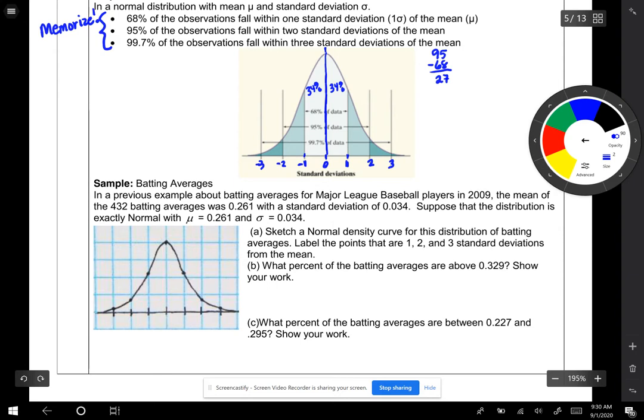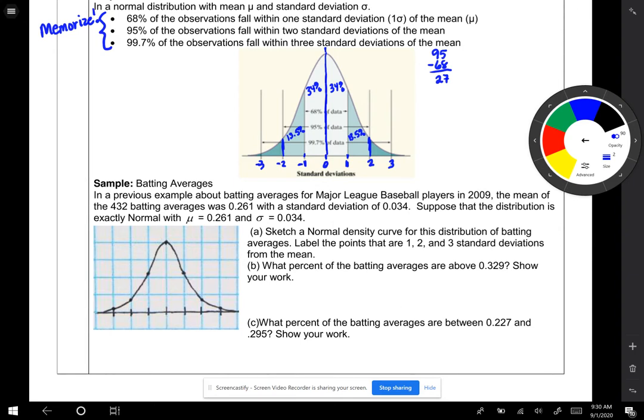So we have 27% within 2 standard deviations, all the way from this bar to that bar. Subtracting, we'd have 27%. Split that into 2, and this would be 13.5% and this would be 13.5%. But as long as you remember the 68, 95, 99.7, you can come up with these numbers.